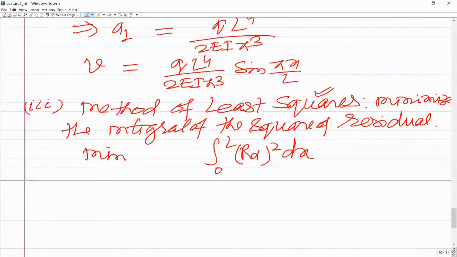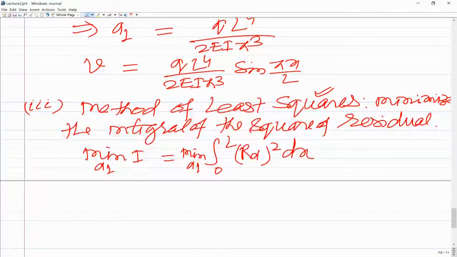In this case it would be a function of a1. So we minimize this with respect to a1. I will say minimize I with respect to a1, where I is the integral 0 to L of Rd square dx.